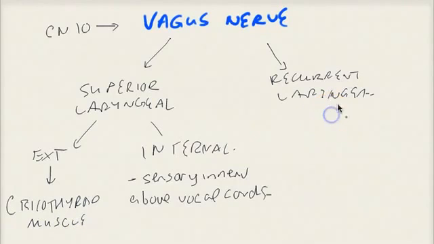Now, the recurrent laryngeal nerve, this is going to innervate all the laryngeal muscles except for that cricothyroid. It's also going to provide sensory innervation below the vocal cords.